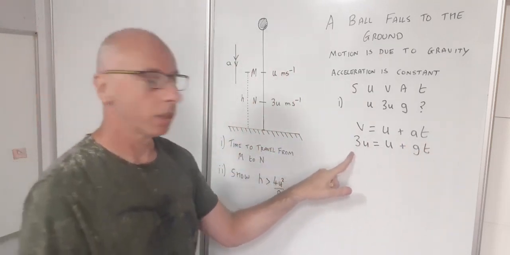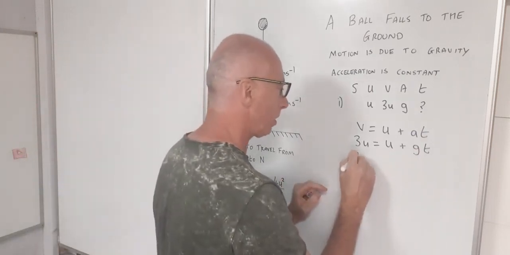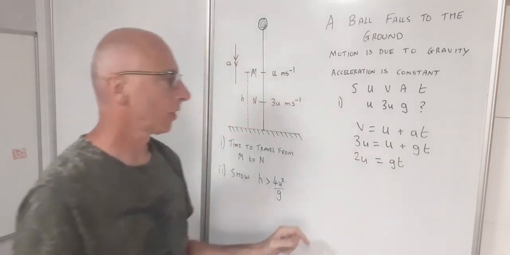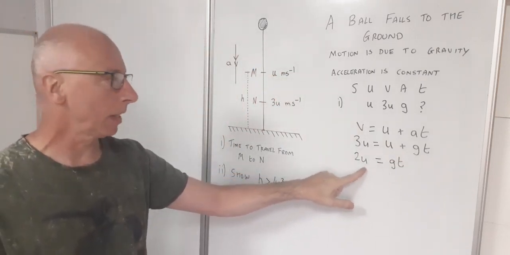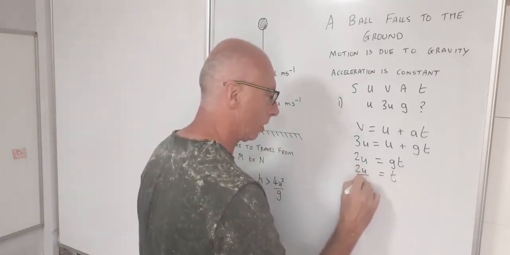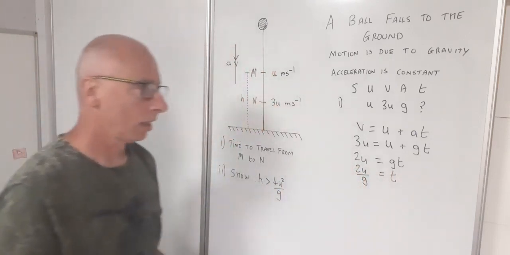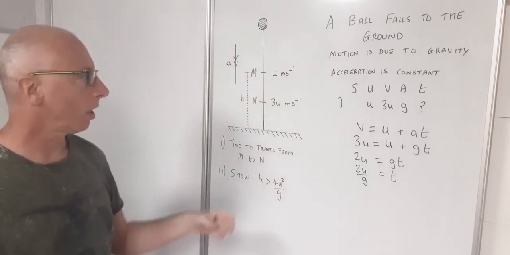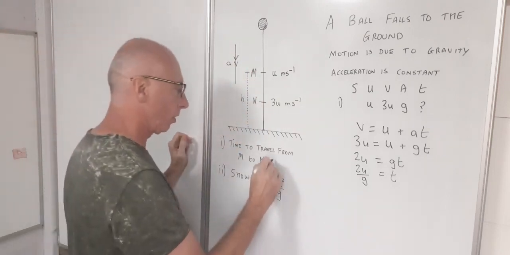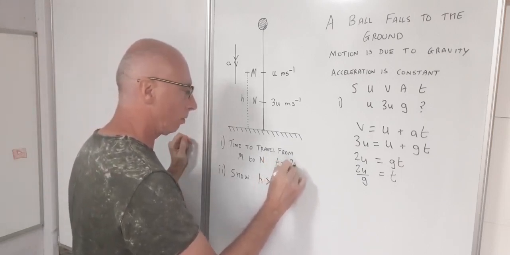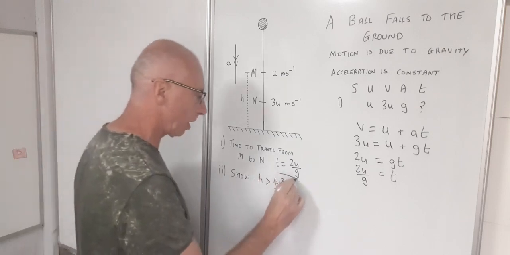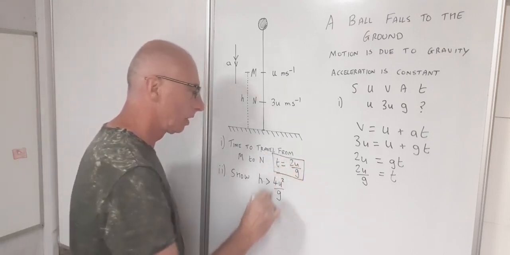So let's bring the u over this side. That gives me 2u equals g times t. Now divide both sides by g, and I get t equals 2u over g. So that's an equation for the time to travel from there to there. So therefore t equals 2u over g.